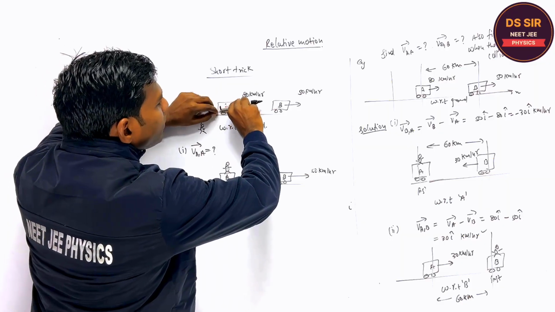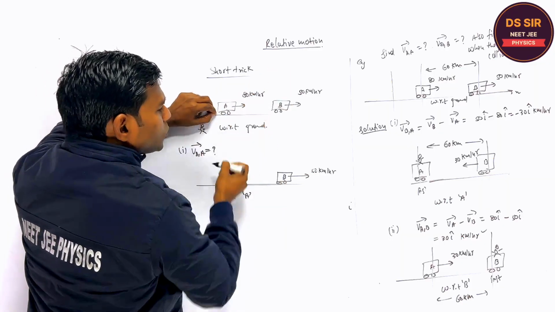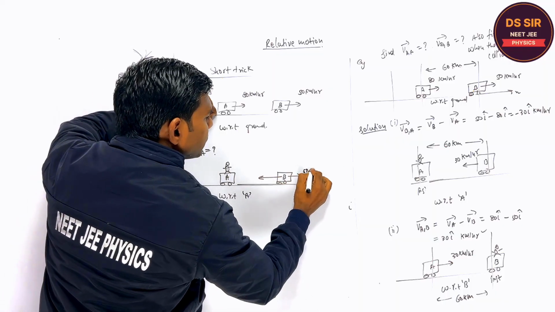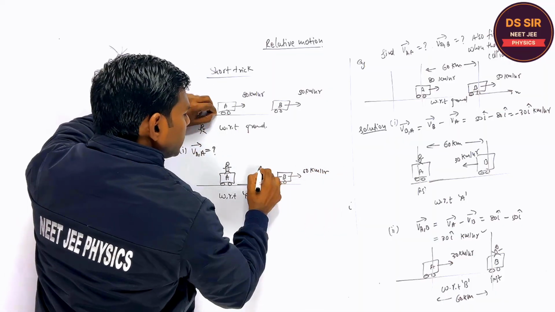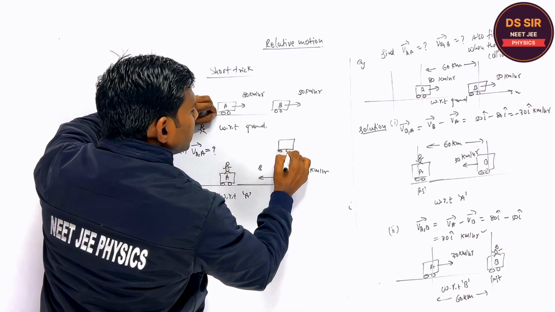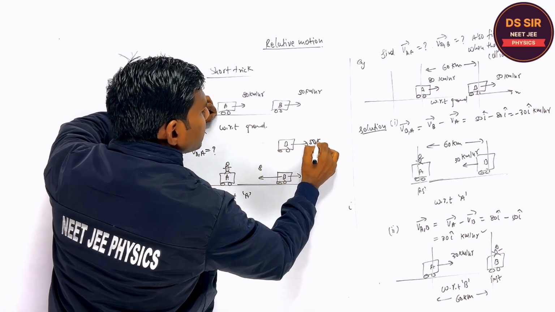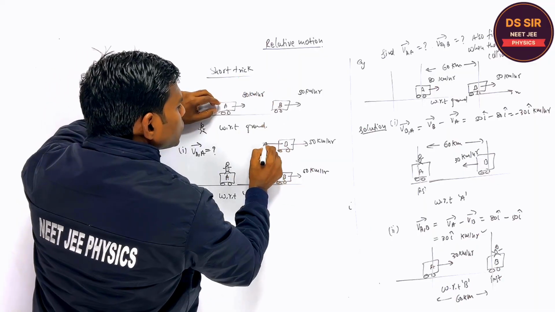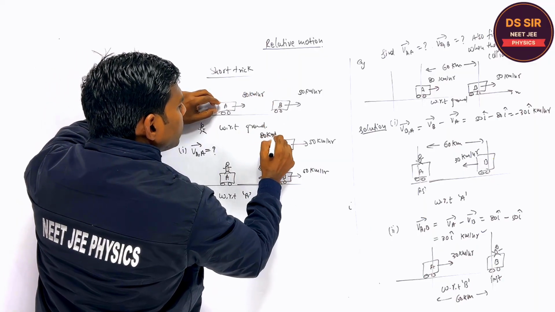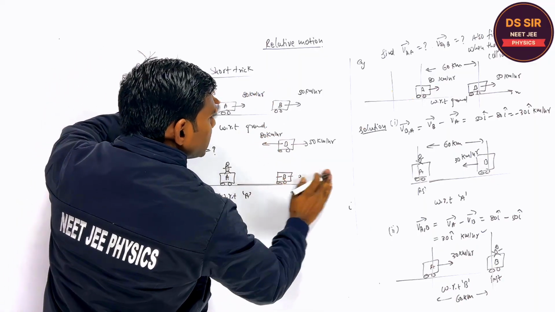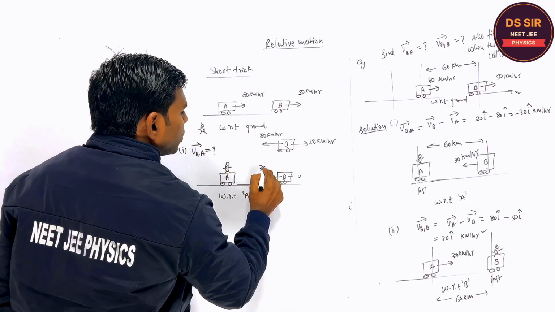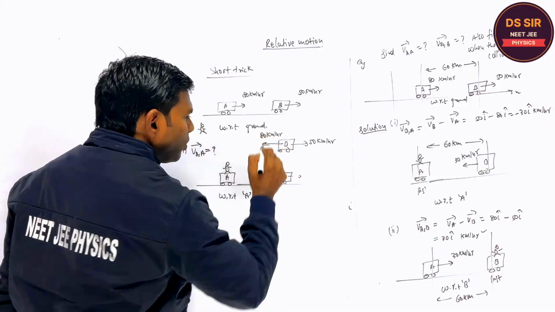So transfer this velocity to B in the opposite direction. This is the 50 and this is the 80 km per hour. So what is the resultant of these two velocities? 80 minus 50, 30 km per hour. Is it clear or not?